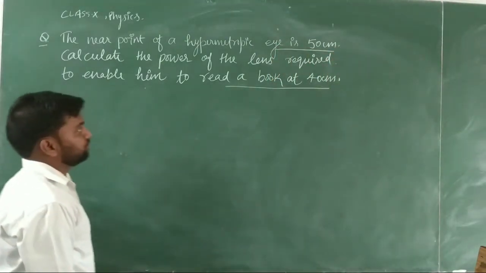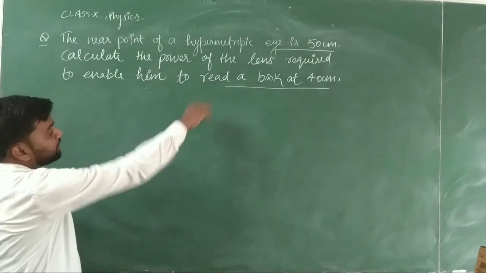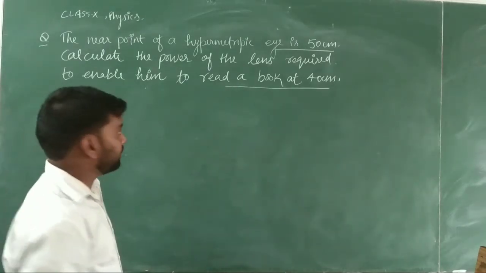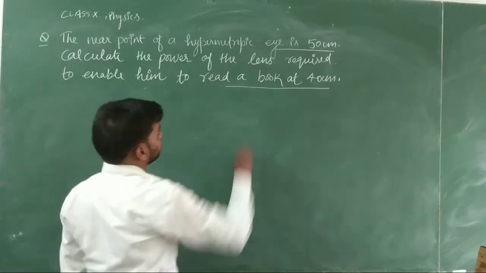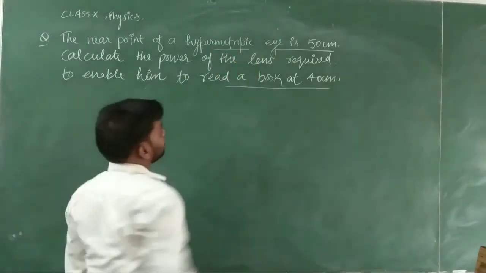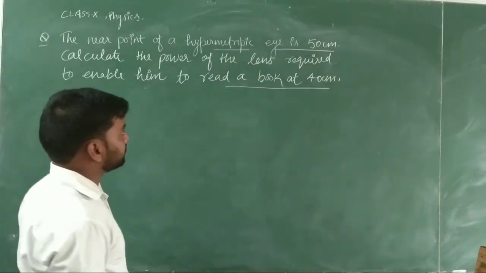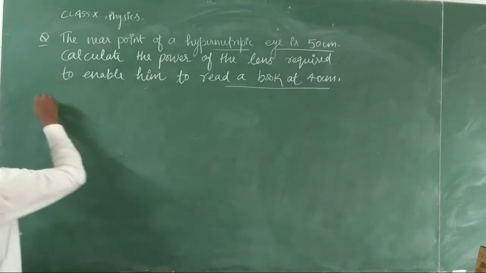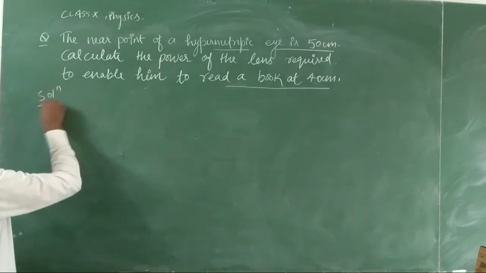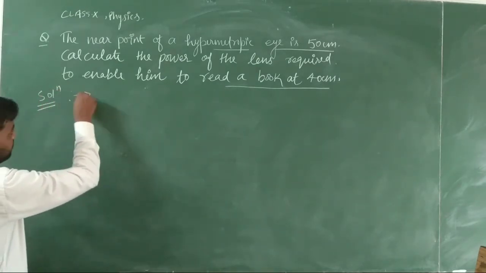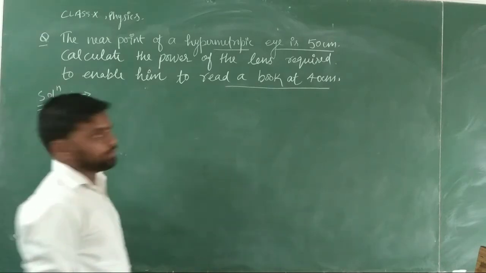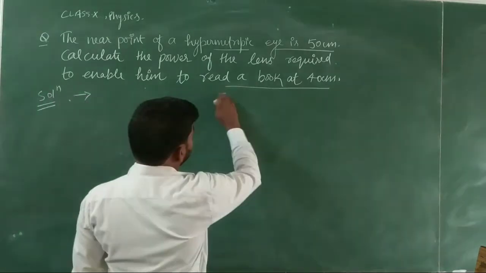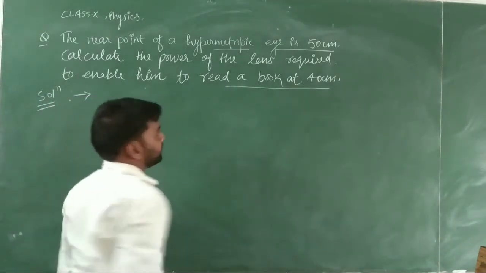Okay, so which kind of lens will we use here? We already know that hypermetropia can be corrected by using the convex lens. So here we will write down the given information first. Okay, he wants to read the book at 40 centimeters.